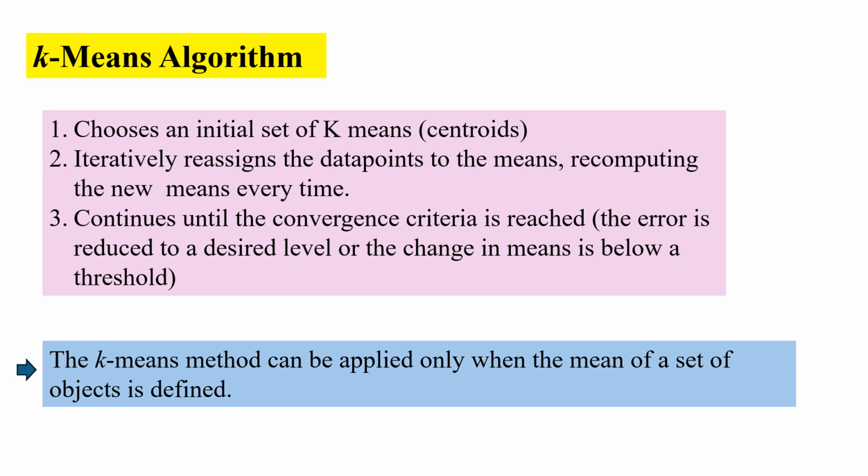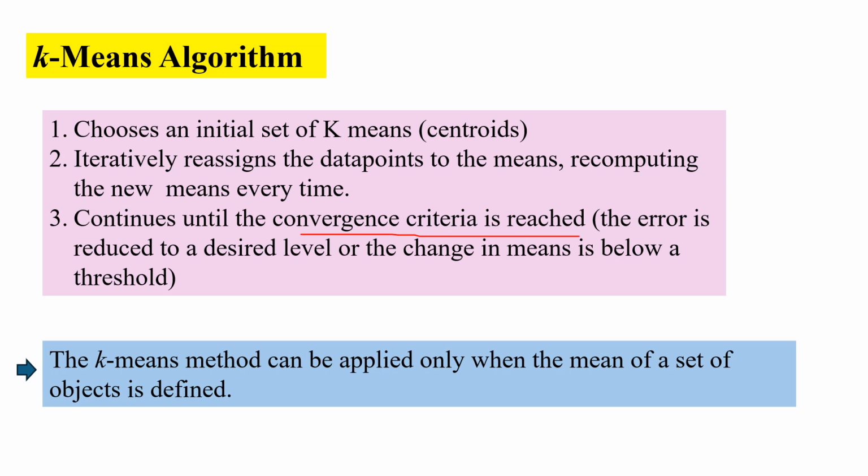The K-means algorithm steps are: choose the initial set of K means, which we call centroids or centers, iteratively reassign the data points to the means, recomputing the new means every time, and continue until the convergence criterion is reached.